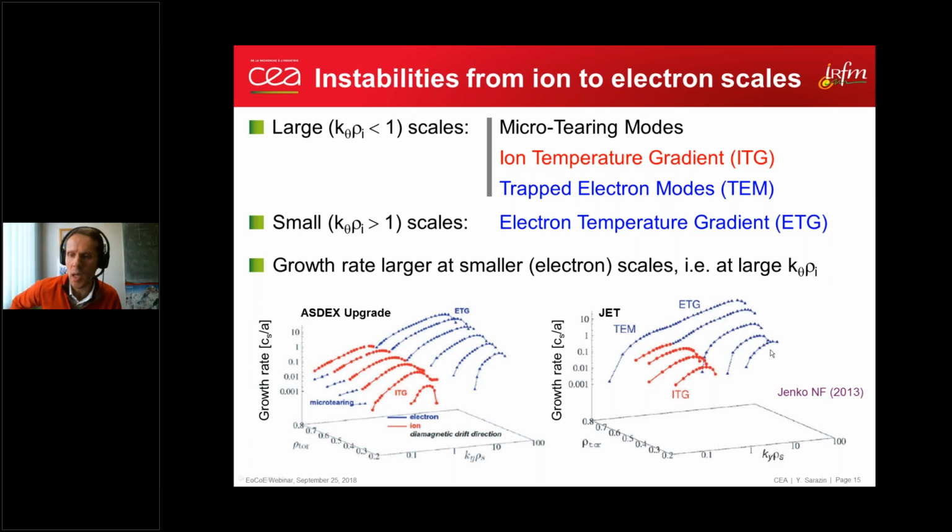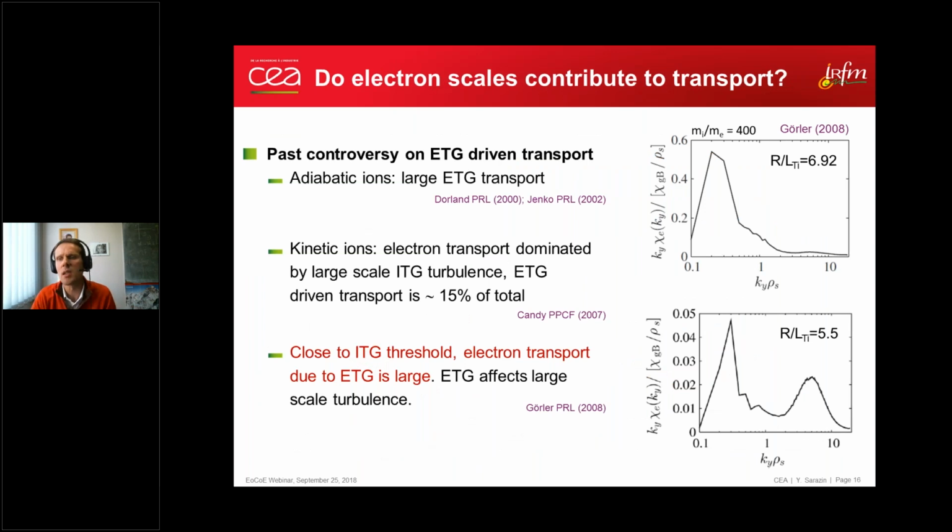This kind of analysis has been performed in the past, with extremely time-consuming simulations, and there was a controversy when performing simulations without this interplay between the ions and the electrons. There have been a few simulations where only electron scale turbulence was modeled with a simplified assumption for the ion response. And in this case, the people in those two simulations reported a fairly large transport.